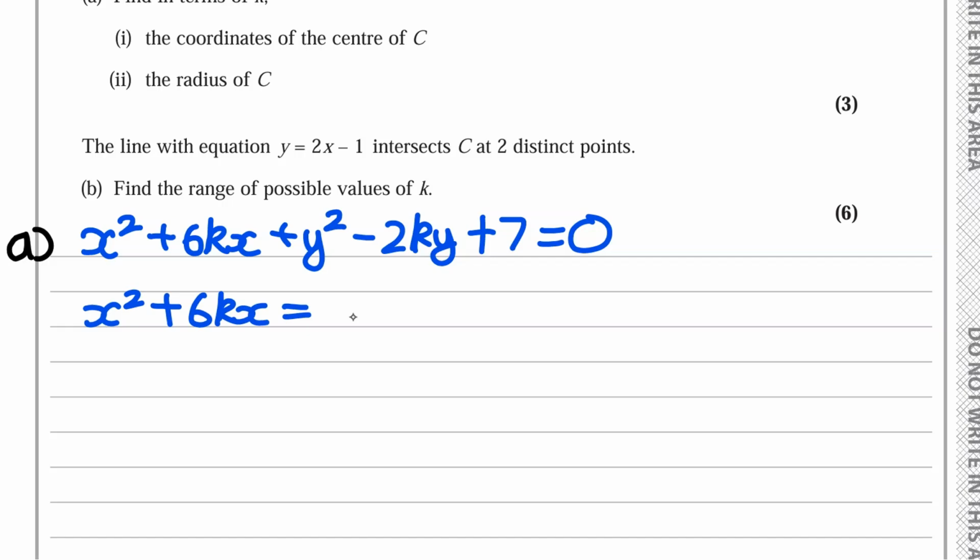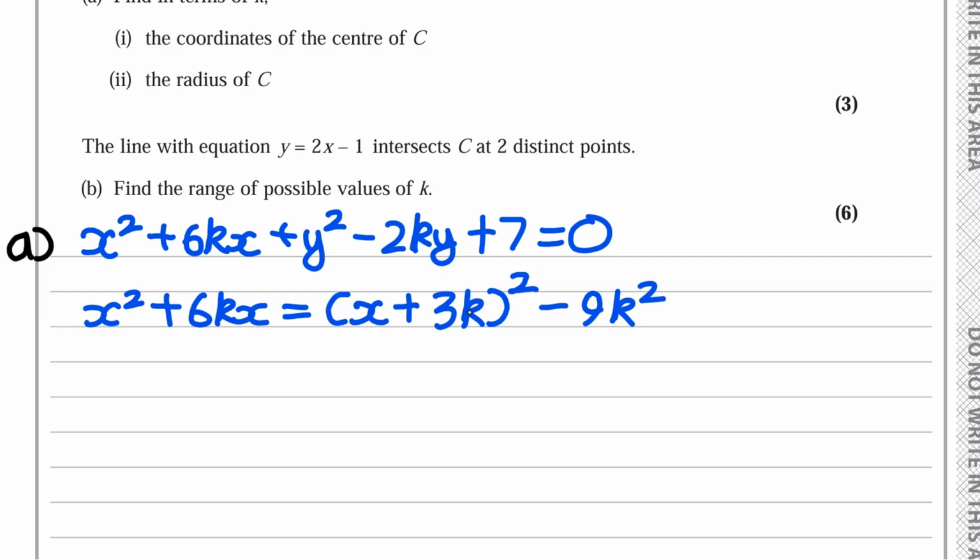Now to complete the square on this, remember, it's going to be x plus, and then the coefficient of this x here, which is 6k, we're going to half this, so it's going to be 3k, and then this whole thing is going to be squared, and then we're going to minus this number here squared. So 3k squared is 9k squared, so we're going to minus 9k squared like this here.